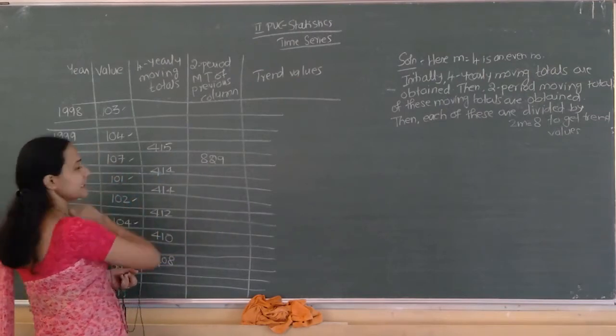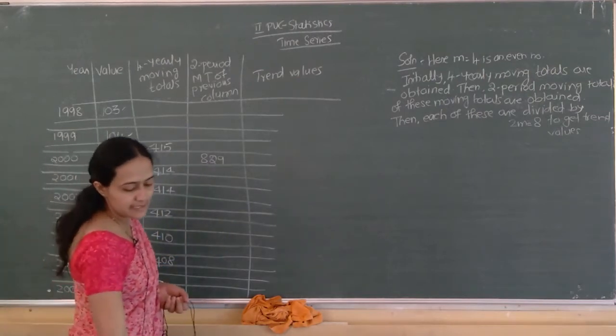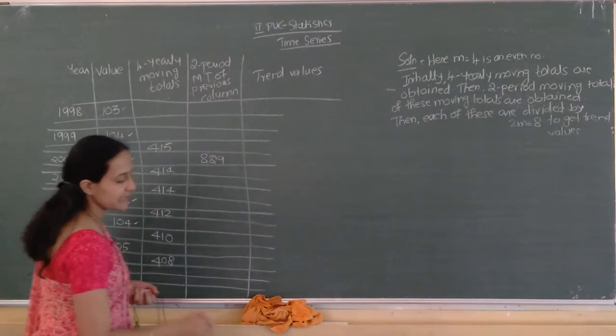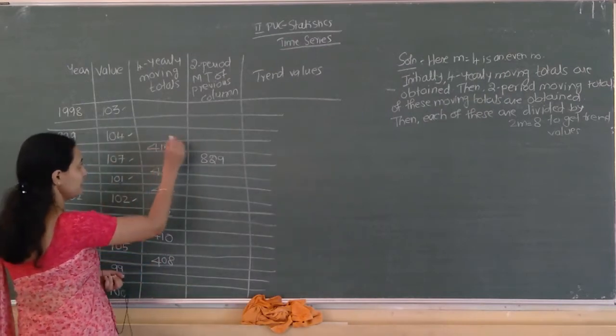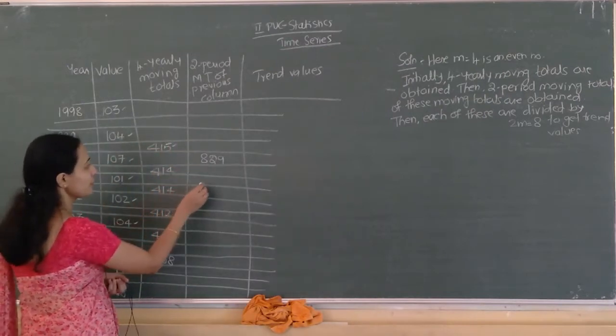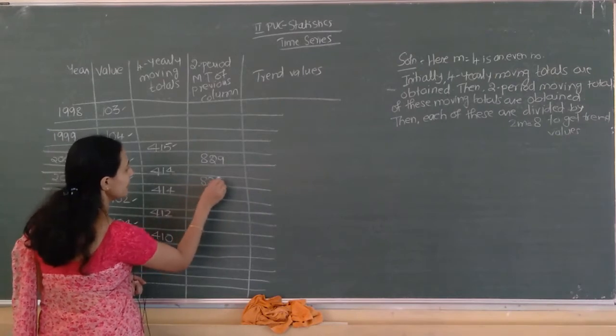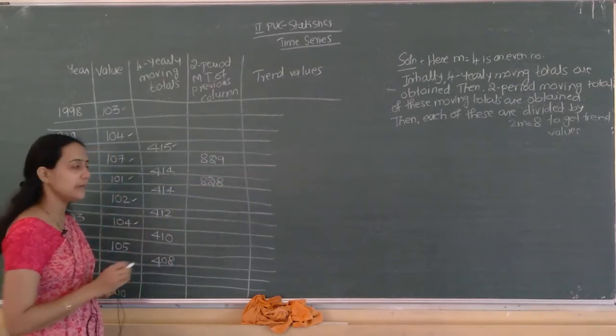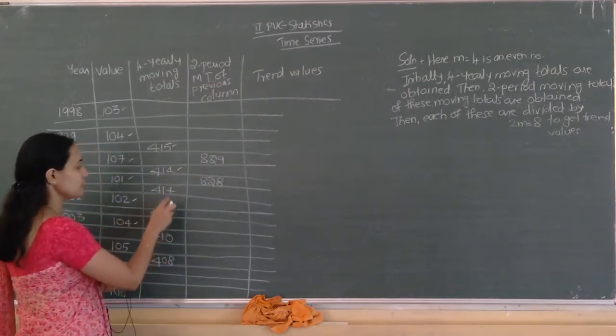That is against the year 2000. Next one is leave first one, next 2. This one you leave. 414 plus 414, 828, right in the middlemost. Leave this one, next 2.